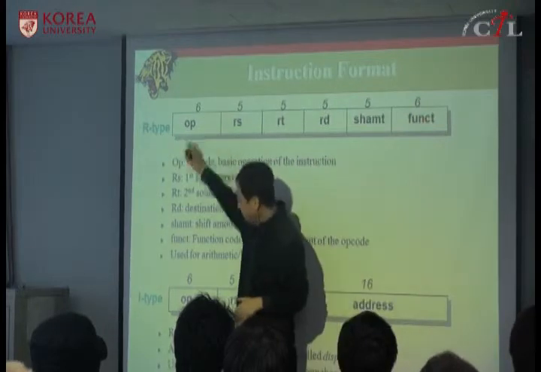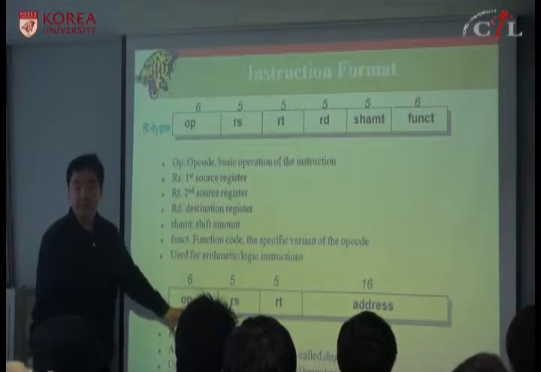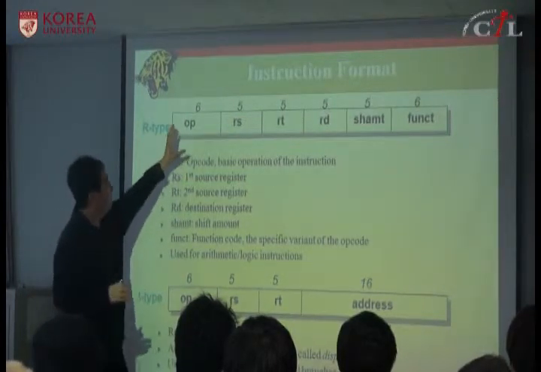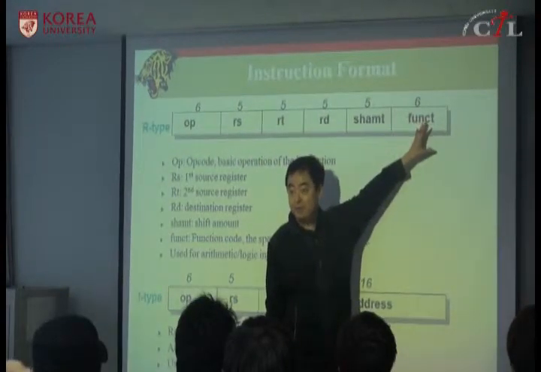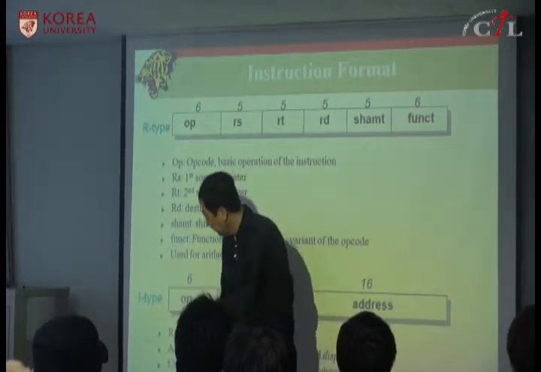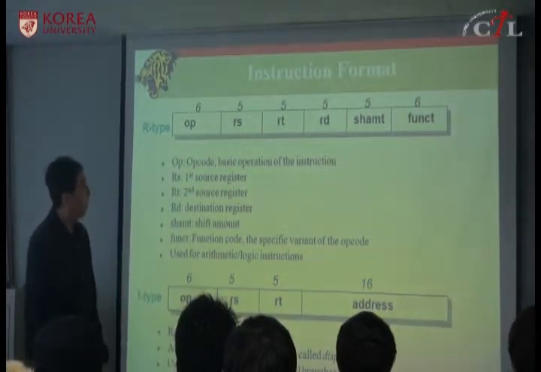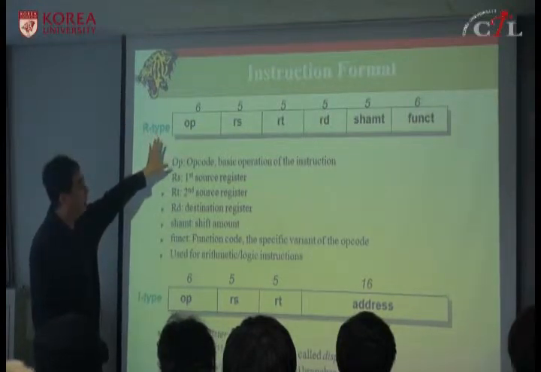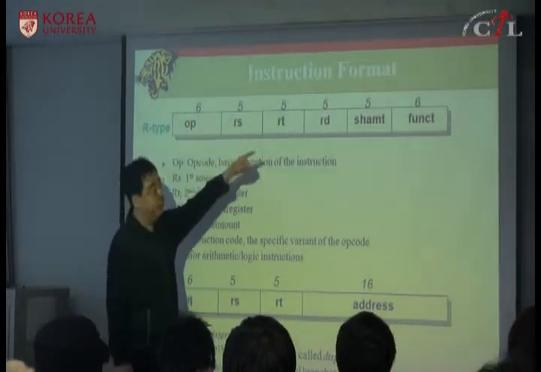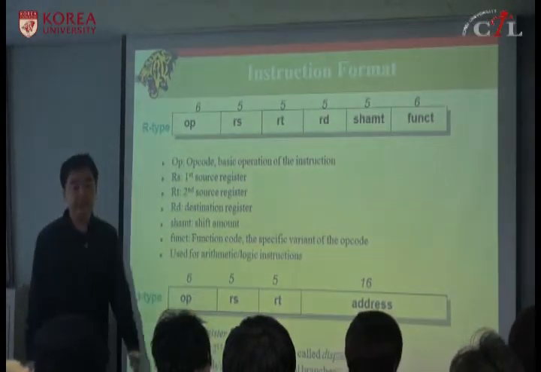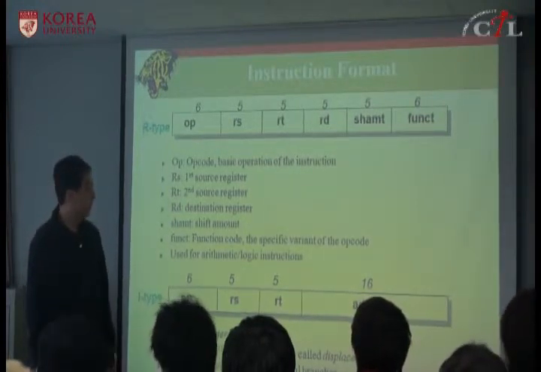Because this same opcode can be used for branch or other instructions. So operations are specified using the opcode field and also the function field. Okay? For other instruction formats, using this opcode, they specify all the operations. So only for arithmetic and logic instructions, opcode should be 0, and using the function field, they specify the operation. We'll look at some examples of how they encode the information.